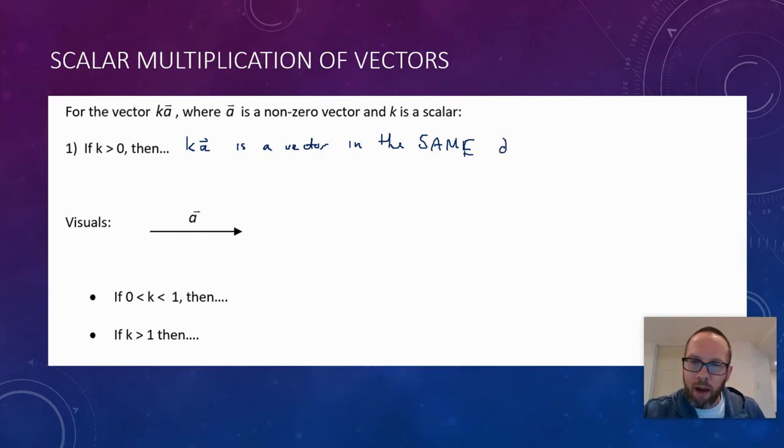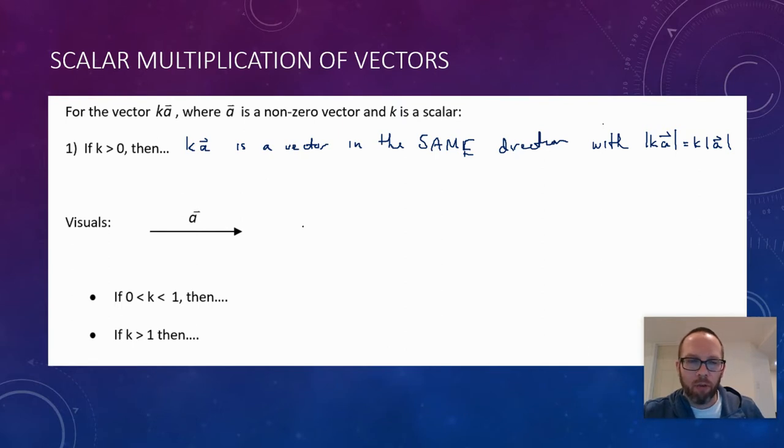But it's the same direction, with the magnitude of kA equal to k times the original magnitude of A. So that means, for example, say if k is equal to 2, then the vector 2A is going to be a vector in the same direction with double the magnitude.